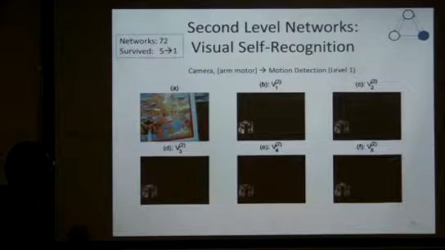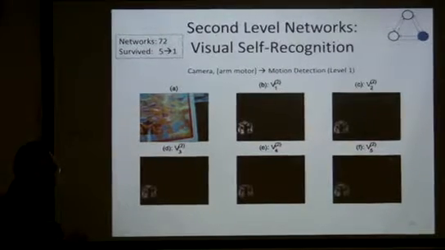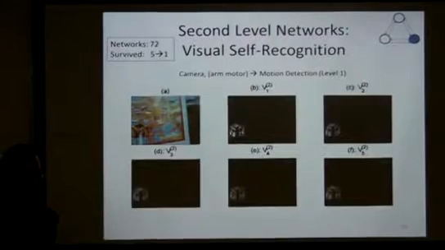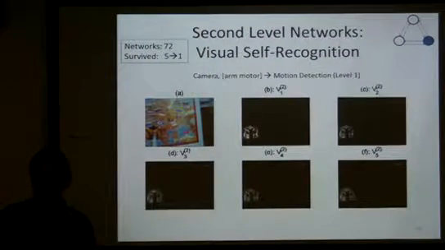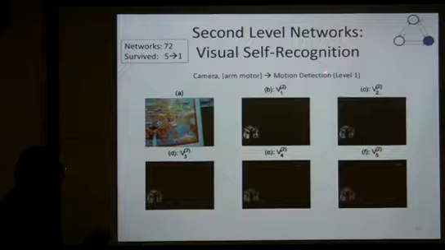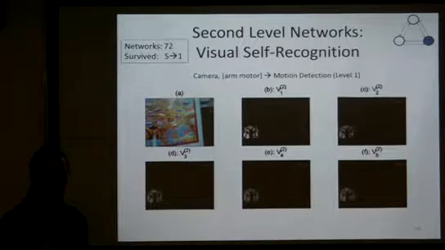And what is this function? Given the camera image, okay, the pixel of the camera, and the arm motor command, whether my arm moved or not, the output is motion detection, whether that pixel changed or not. Let's understand these heuristics. If something moved in the visual field, and I moved my arm, that something is me.